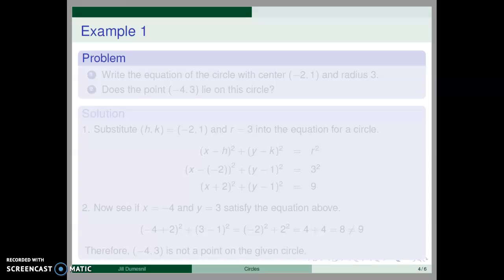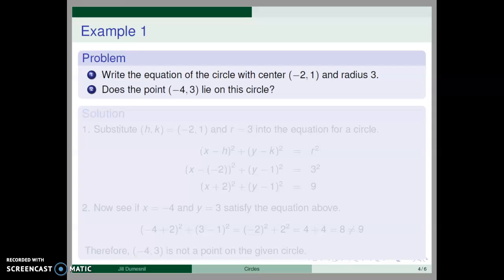Now let's consider three typical examples of problems with circles. First, let's write the equation of the circle with center at the point (-2, 1) and radius 3, and then determine whether the point with coordinates (-4, 3) is on this circle.